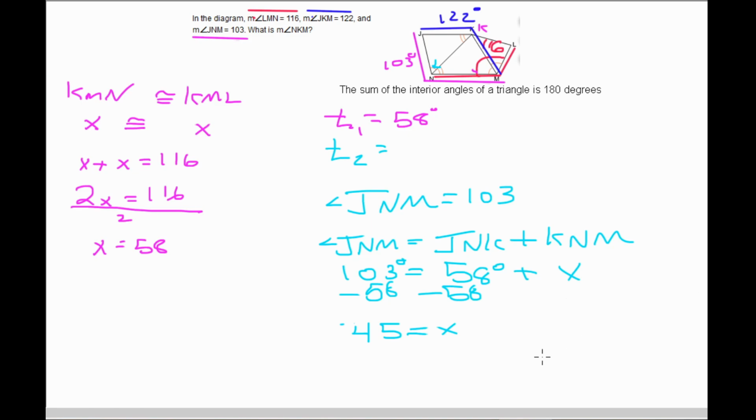So now I know that this blue X is equal to my tick mark 2's value, so I have 45 here.